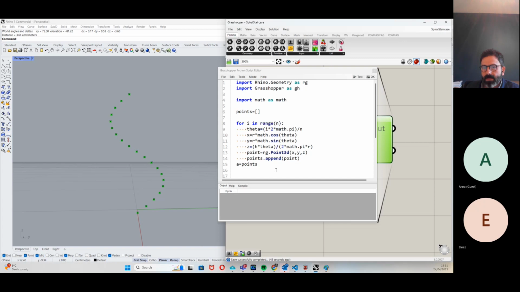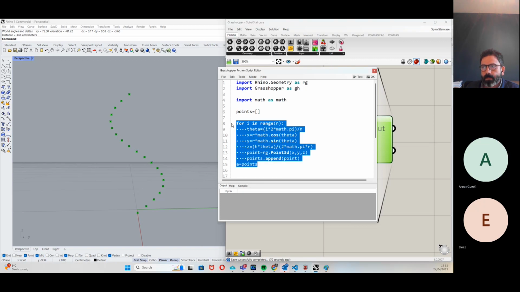In the meantime, you can follow. Wait, I think yes, I wrote in range of n, not in range. Let's see. Do I have to click test after I stop? Yes. Okay, test. No, it's still red.